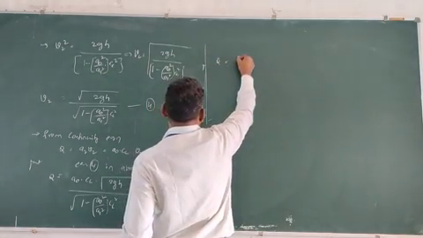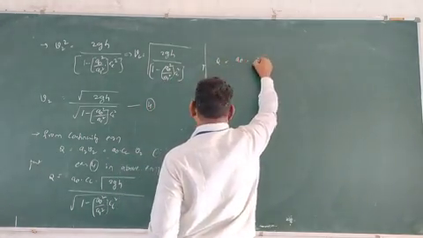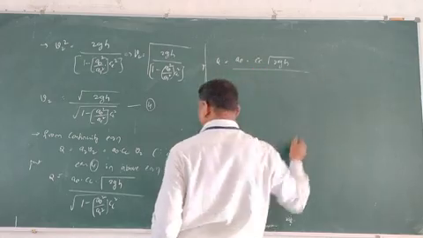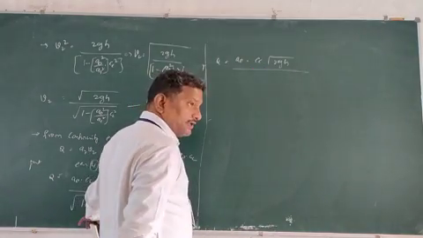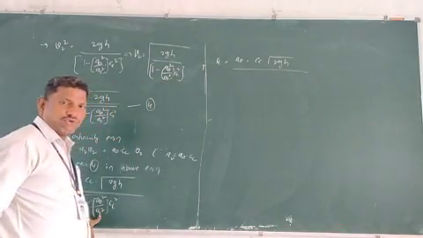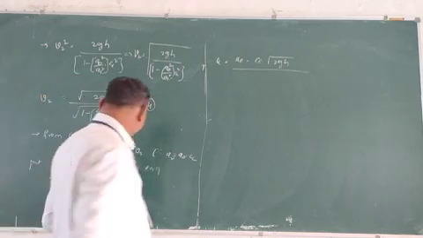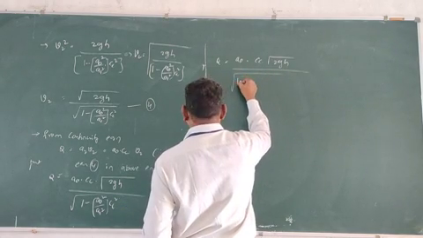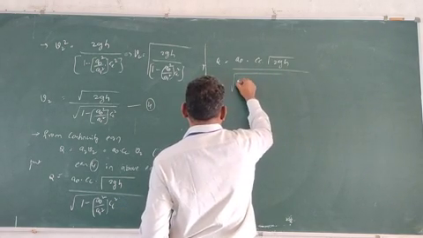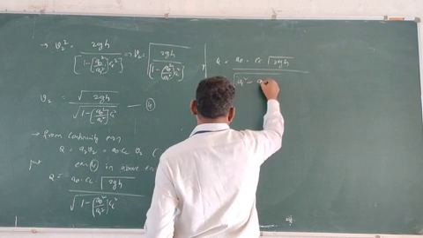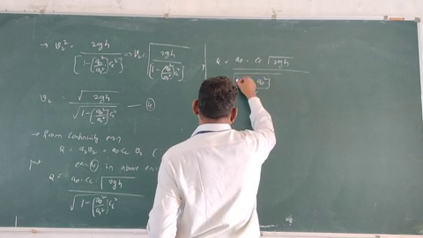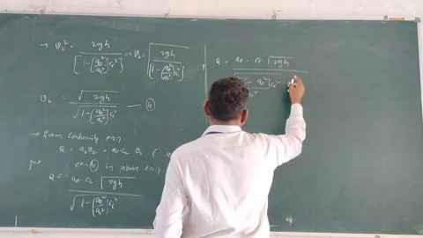Simplifying, A naught CC into 2g divided by, here is a fraction, so we can take the LCM for that ratio: A1 square minus A naught square by A1 square into CC square.